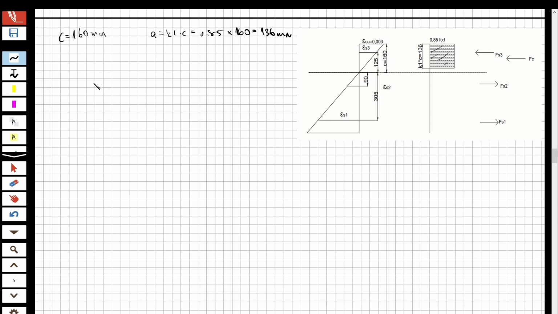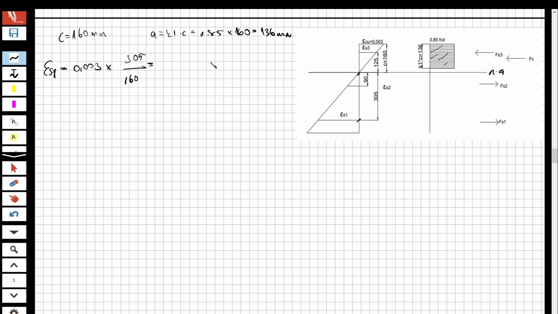Okay, so let's calculate the strain for the first steel. It's going to be something like that: 0.003 multiplied by 305. Look at here, this is the neutral axis, and I'm going to take the distance from the steel to the neutral axis, 205.